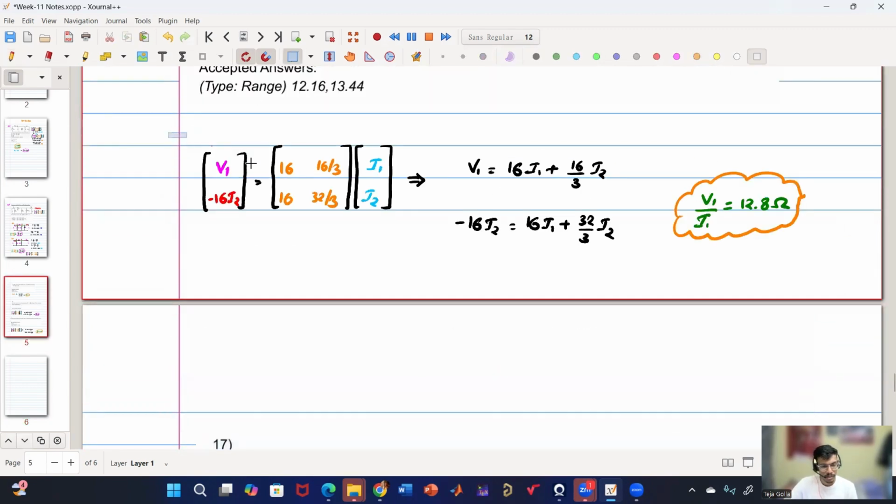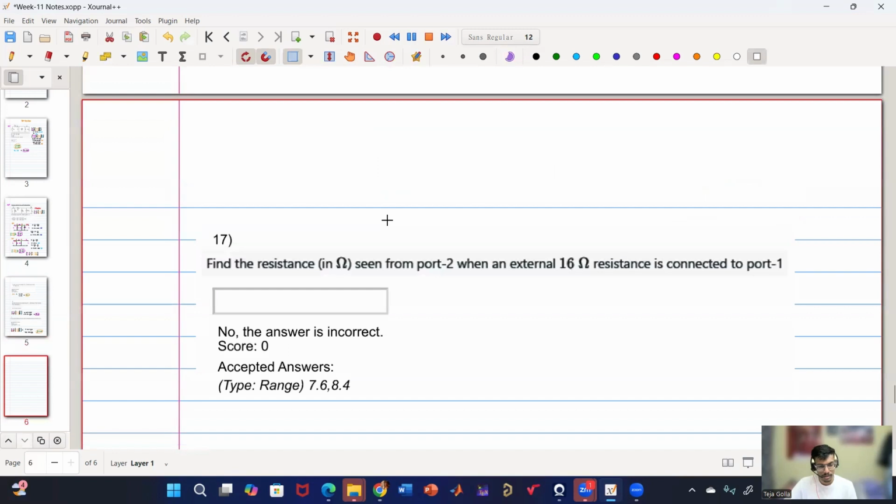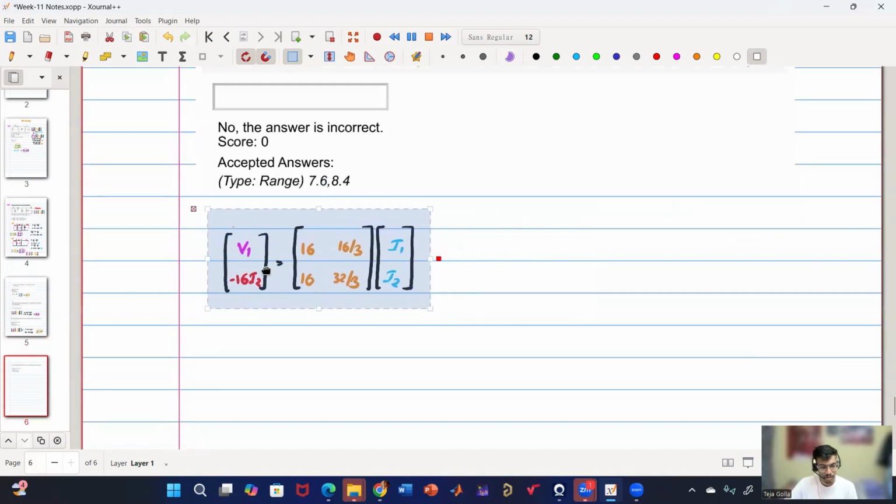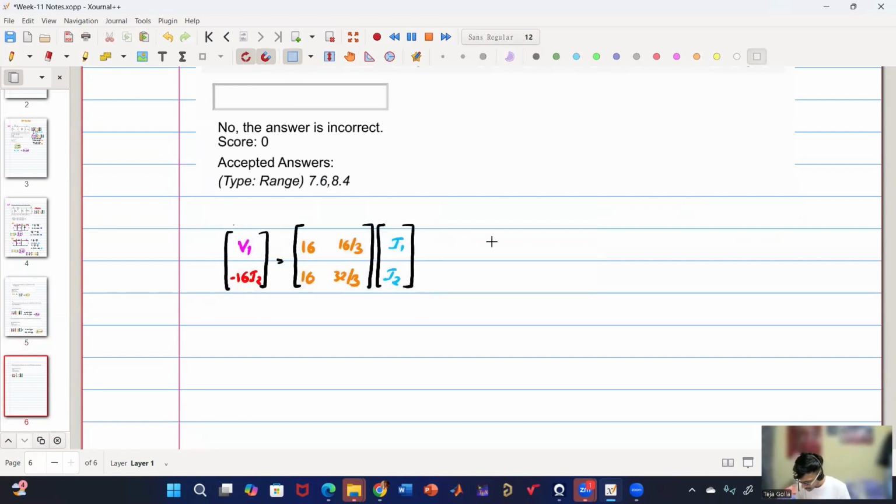So let me rewrite this. V2 remains V2. But what about V1?